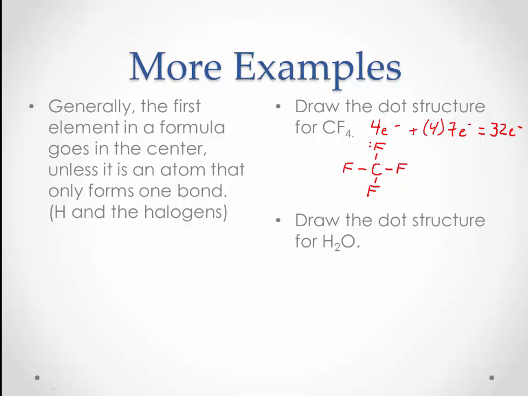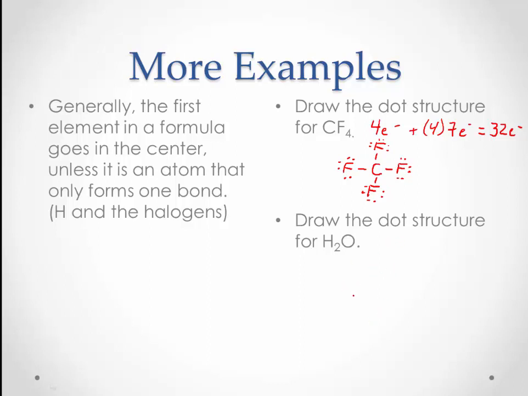So 10, 12, 14, 16, 18, 20, 22, 24, 26, 28, 30, and 32. Okay, now we can see that each fluorine has 8 electrons around it, because remember this line represents a shared pair, and the carbon also has 8 electrons around it.